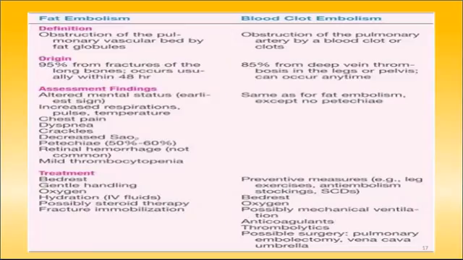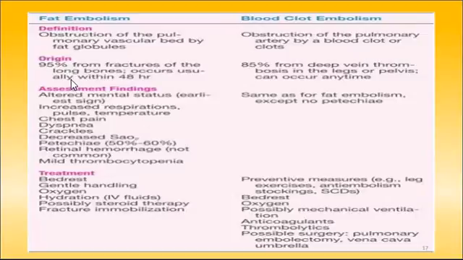Your text has chart 51-2 on page 1055 comparing the fat embolism with the blood clot embolism. I also found this chart, whichever one helps you to understand the difference. Remember that fat embolism is the fat globules causing the obstruction, whereas the blood clot embolism, of course, is a blood clot.